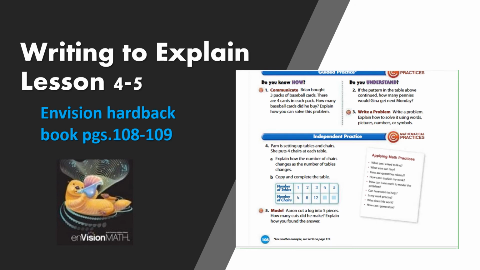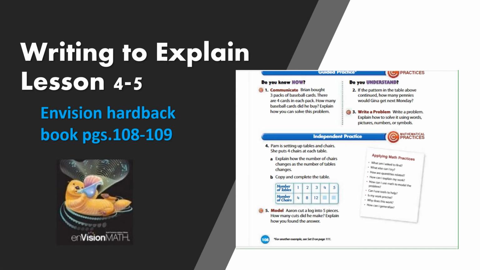Explain how you can solve this problem. Just a reminder, I'm going to do this one with you real quickly. With our word problems or story problems, we're going to take our question and rewrite it as an answer statement. So, how many baseball cards did he buy is our question. So we're going to write, Brian bought blank baseball cards because, and then we're going to explain how we can solve this problem.